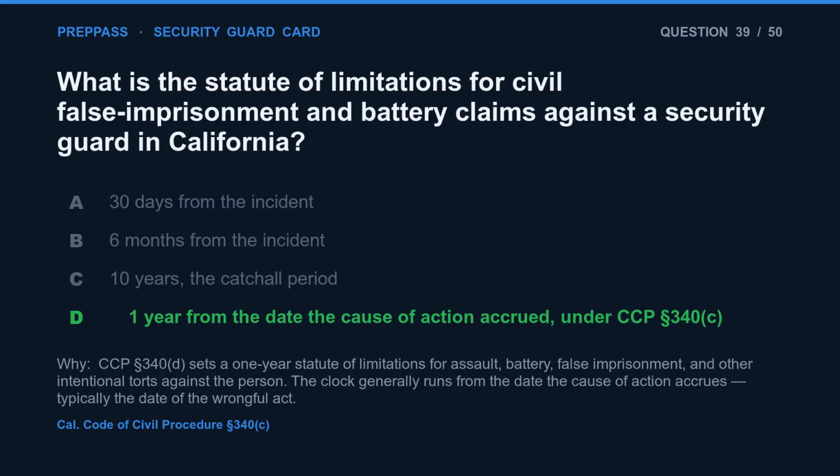The correct answer is D. CCP Section 340(c) sets a 1-year statute of limitations for assault, battery, false imprisonment, and other intentional torts against the person. The clock generally runs from the date the cause of action accrues, typically the date of the wrongful act.